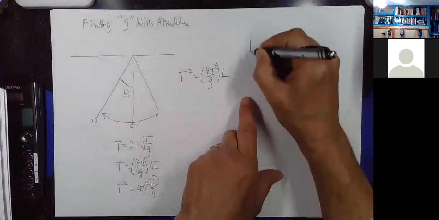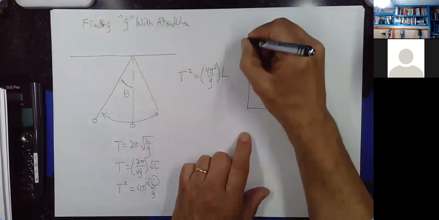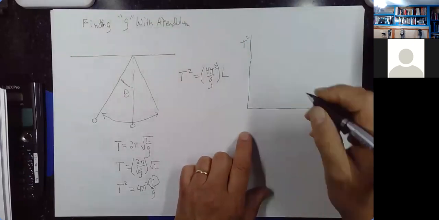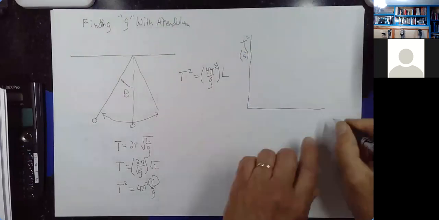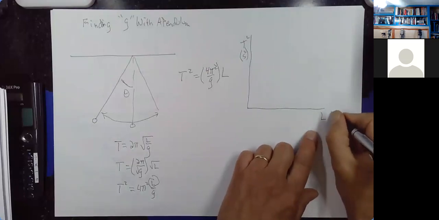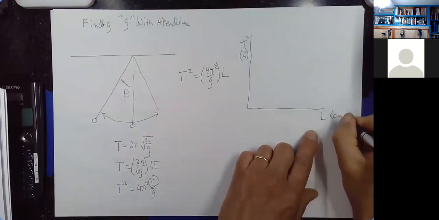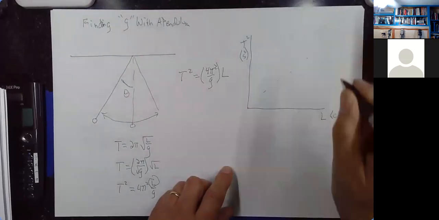And when we make the graph of this, we're going to have T squared on the vertical axis, and that'll be in seconds squared. And then we'll have L on the horizontal axis, and centimeters would work just fine for this. And we'll get this series of data points.